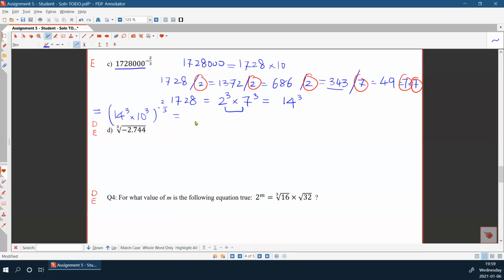This is actually 140 raised to the third power, then raised to minus 3 over 2 over 3. And then this is actually 140 raised to 3 times minus 2 over 3 power, right?